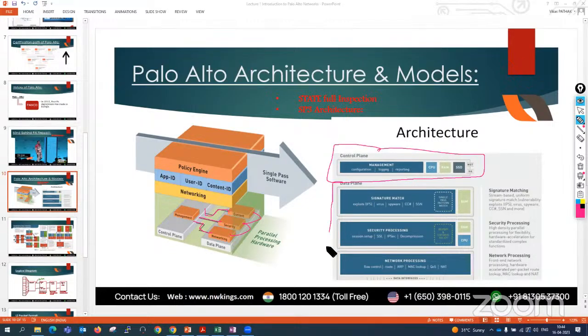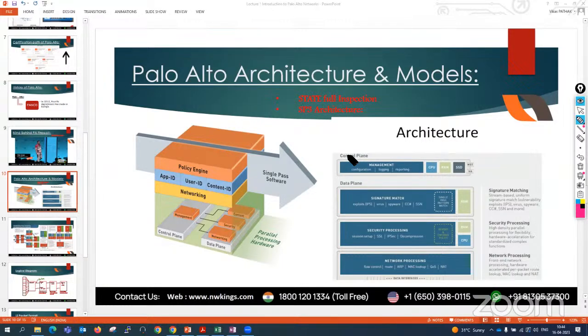And the data plane is to process the user traffic. Once the packet has originated from the LAN, it will send the packet in a single stretch to signature match, security processor, network processor, while creating a duplicate packet in a single pass to these features, right?